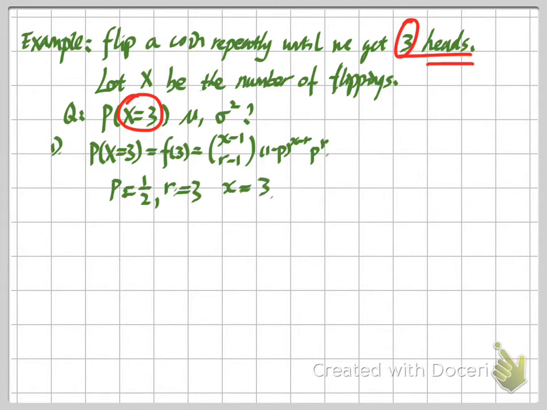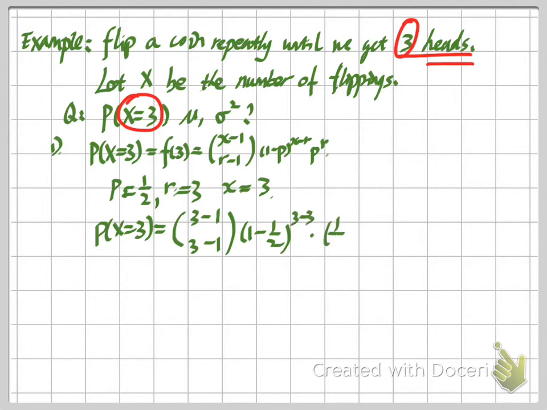So when we plug all of these 3 values into our formula, we have the probability that capital X equals 3 is equal to the combination of 3 minus 1 choose r minus 1, times (1 minus 1/2) to the power x minus r, so 3 minus 3, and 1 over 2 to the power r, so r is 3, right? So this is what we have.